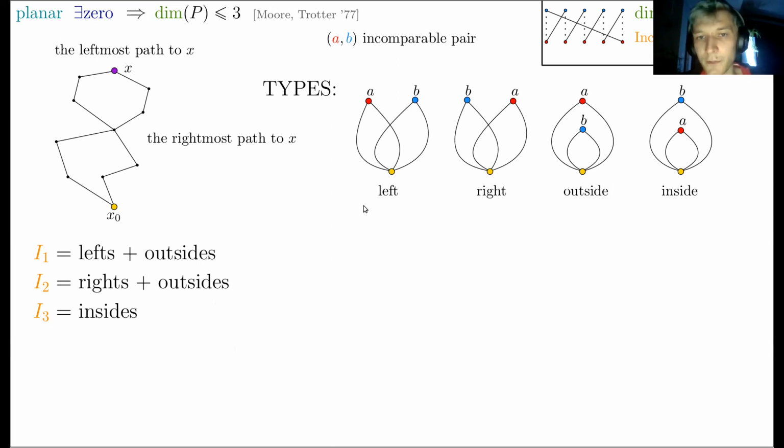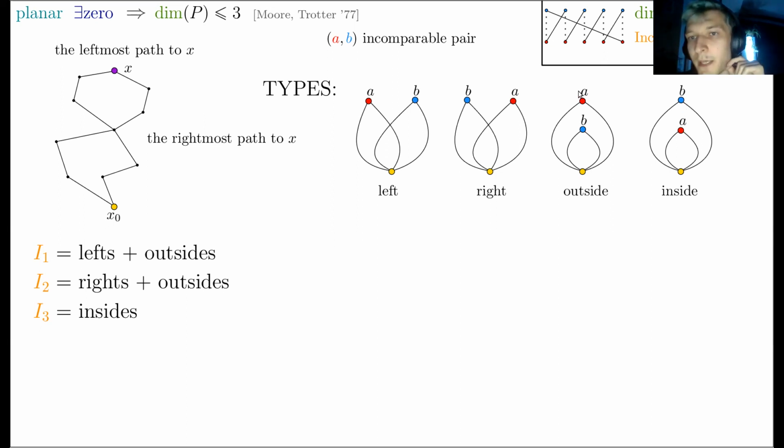And note that, okay, left and right are symmetric, but outside and inside are not symmetric. And why is that? This is because here A is lower than B, and this is a natural behavior. So I can put an edge here, and this is fine. Yes, this is a normal comparability.